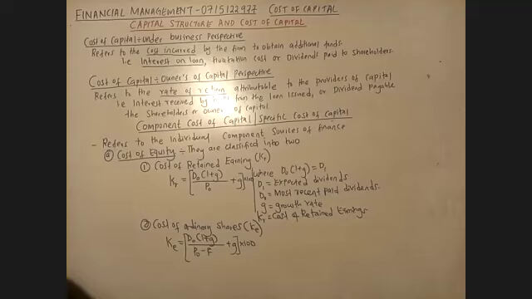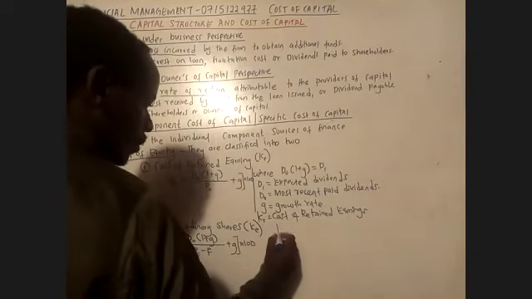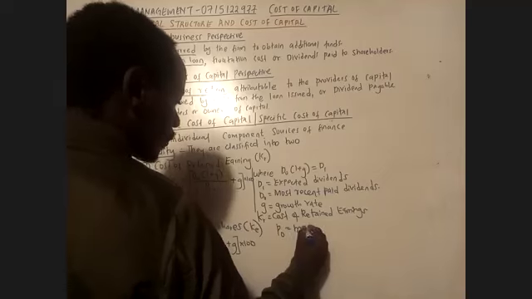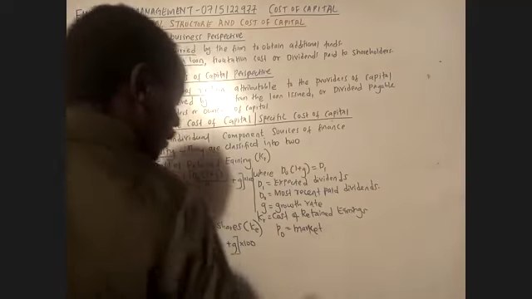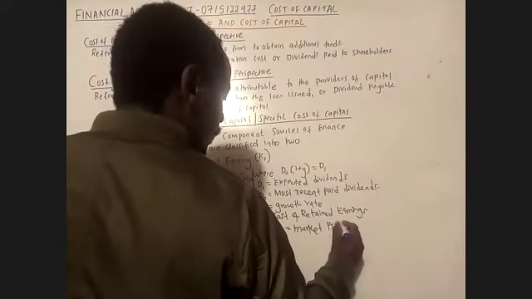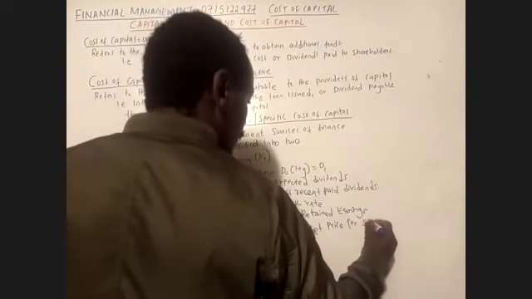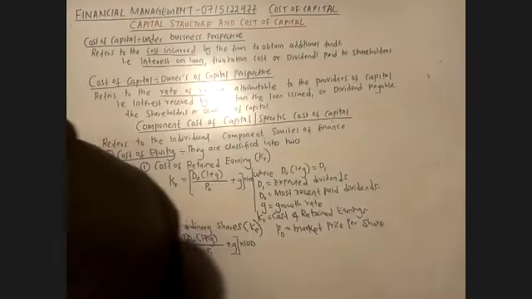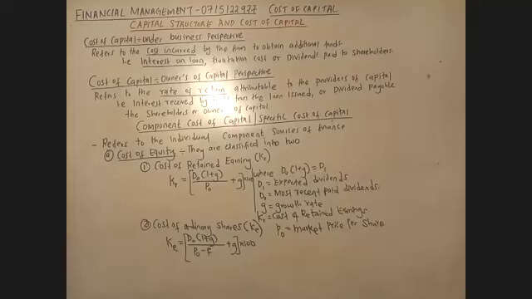Then P0 is the market price per share. So that is number A, cost of equity.